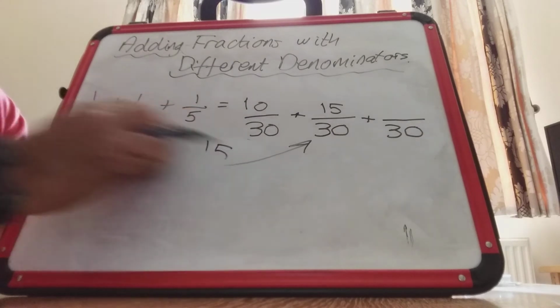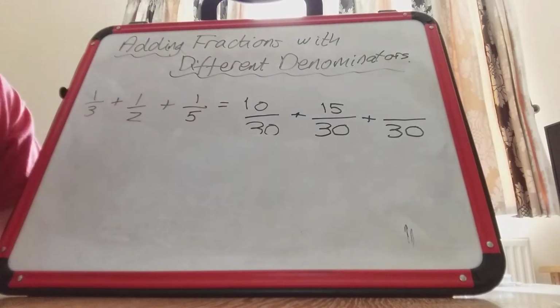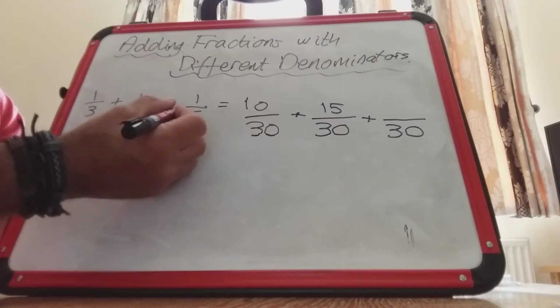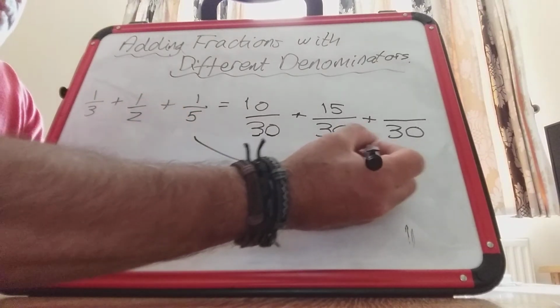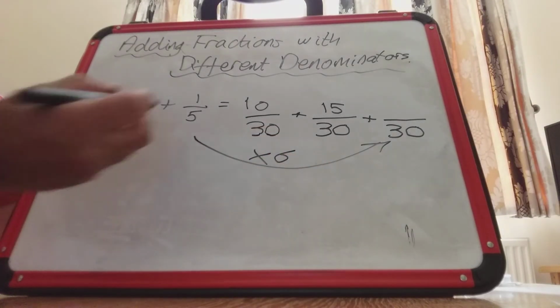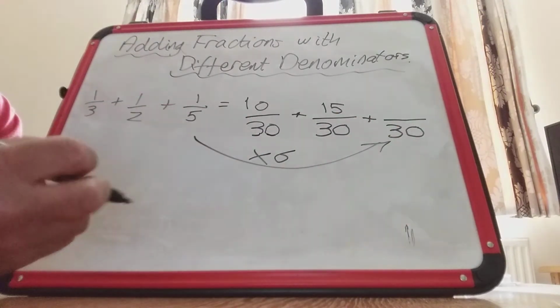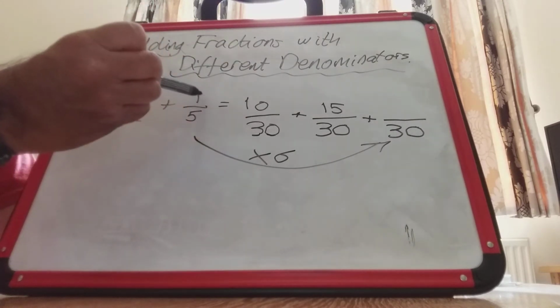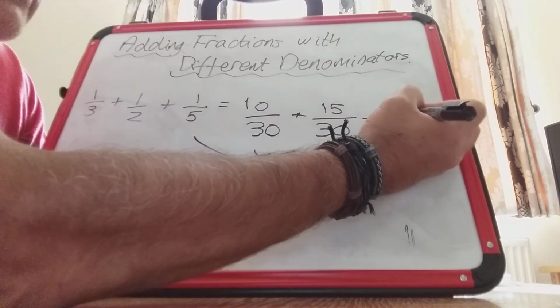And then for the final one, 5, what do we multiply 5 by? We multiply 5 by 6. 5 times 6 is 30. So therefore we've got to multiply the top by 6. So 6 times 1 is 6.